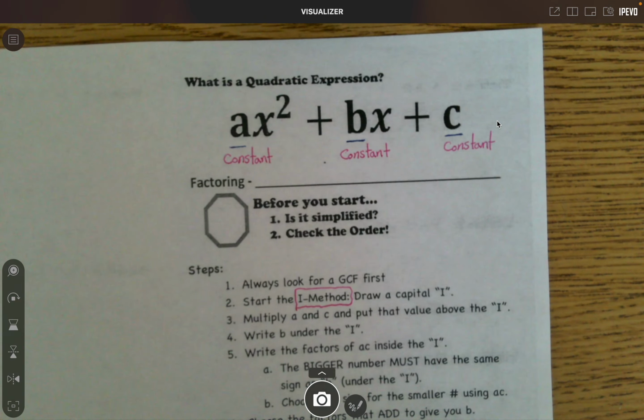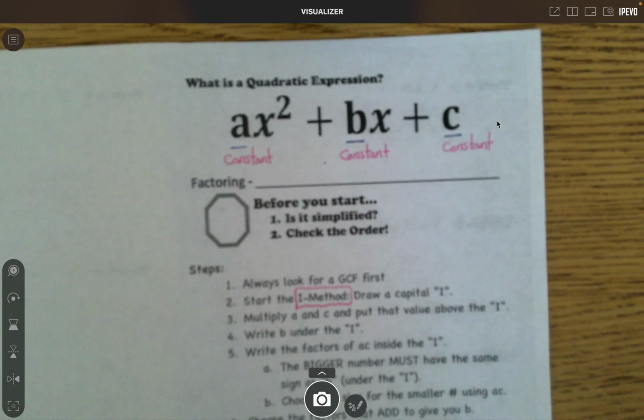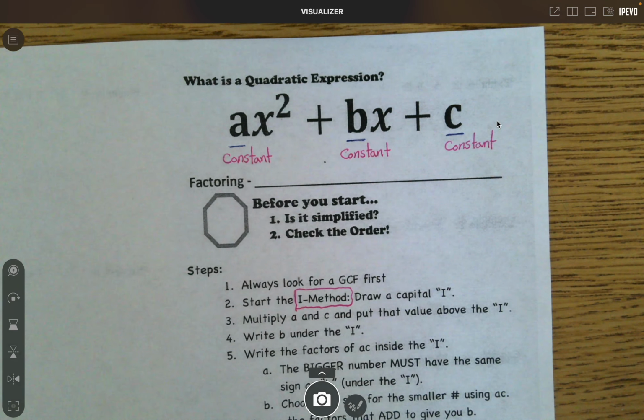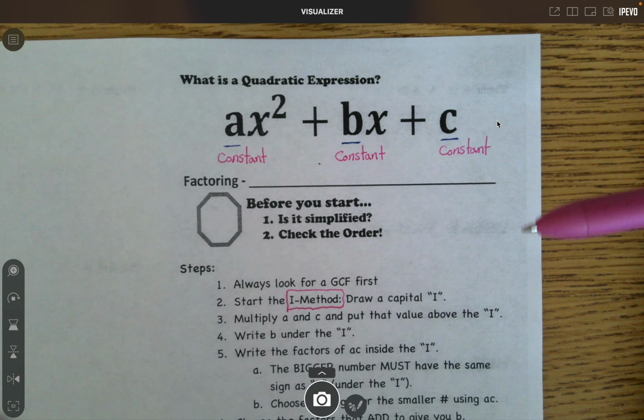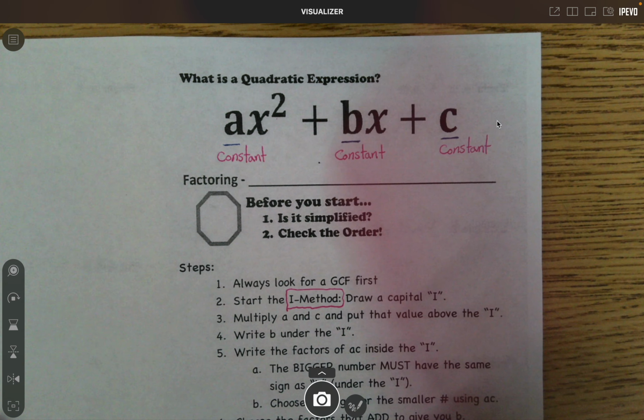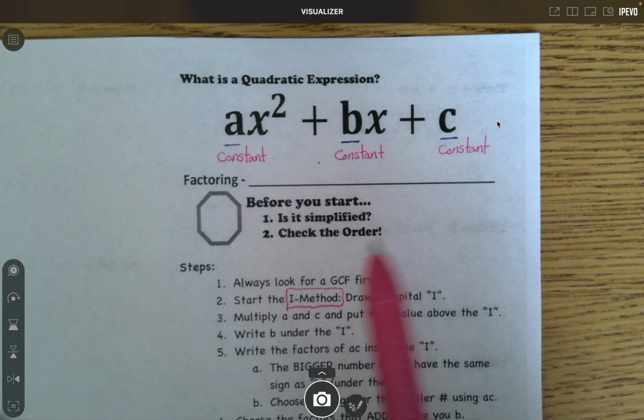If they do, then you put your negative for that GCF or greatest common factor. That's a little bit of explanation of what we did yesterday. Now we're going to use that to factor a quadratic expression.